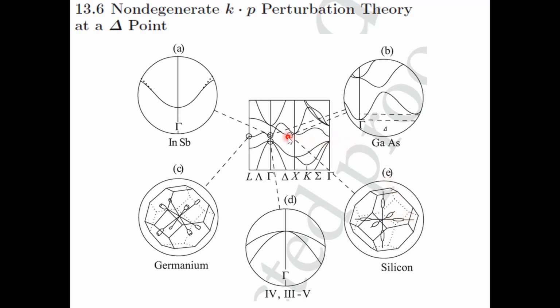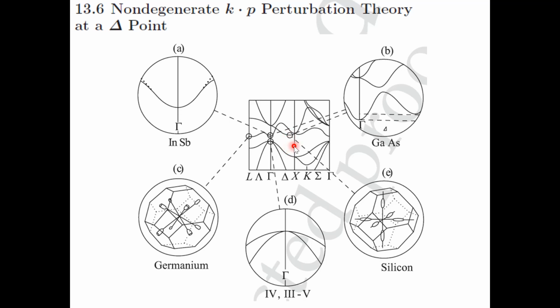So if you take a constant energy which is slightly above the minimum of the conduction band, this will be represented by an ellipsoidal surface, and we're going to have for silicon 6 surfaces for the same energy, corresponding to the 6 possibilities of delta lines.